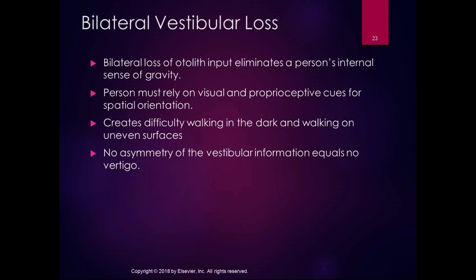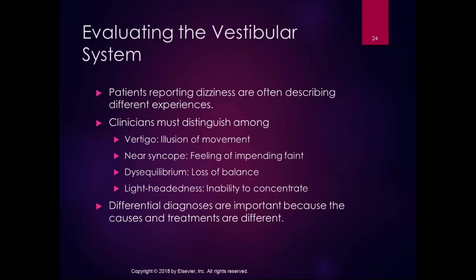If you have peripheral neuropathy and you take out the peripheral input from proprioception, then you're more dependent on your vision and your vestibular in order to balance. So you can obviously function with one of these losses, but it just makes it that much more difficult. So a lot of times in therapy, we are working on compensatory strategies. The next section is going to be really short on evaluating the vestibular system.